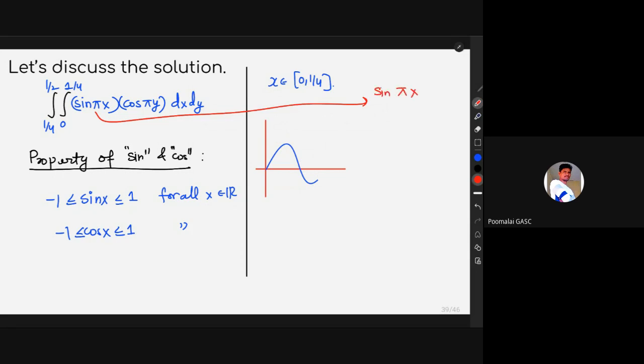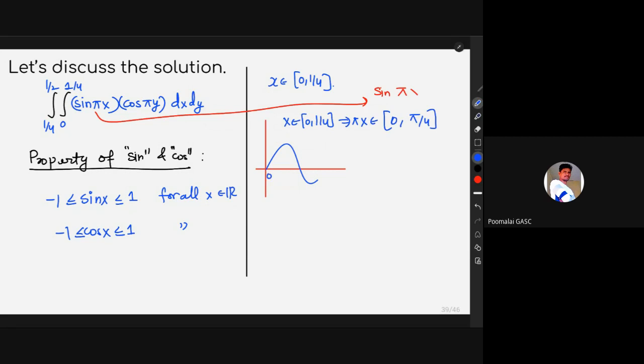So whatever x value there is, it will be multiplied by pi. So we directly multiply by pi and see the limit point. If x is varying from 0 to 1 by 4, this implies that pi x is varying from 0 to pi by 4, correct?